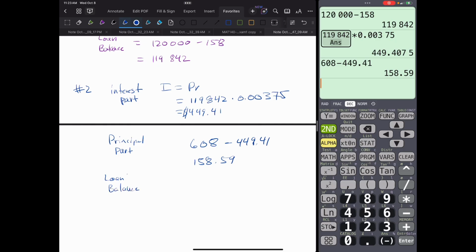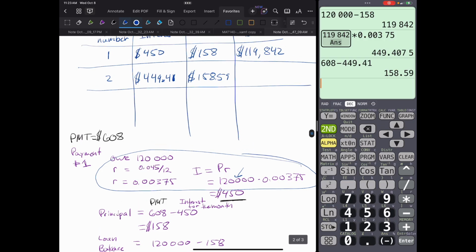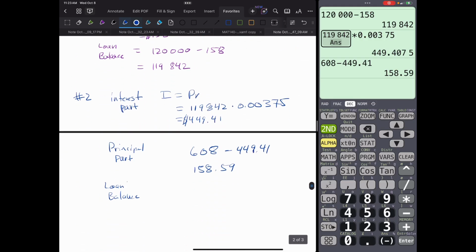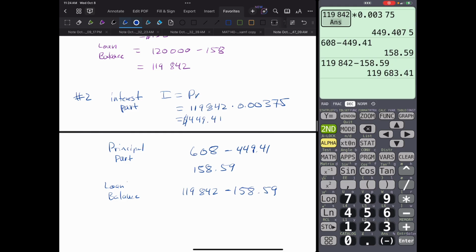So 119,842 subtract 158.59. Hit enter, and I get that equals 119,683.41.